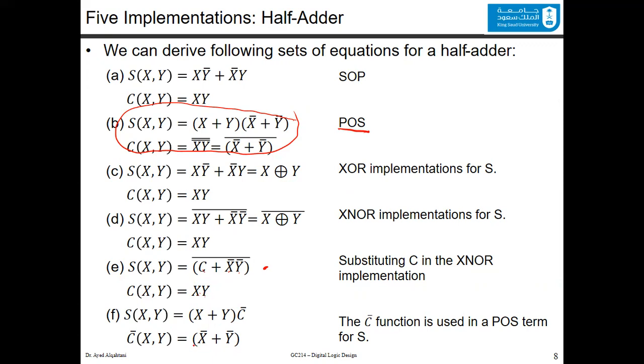We notice that this is the C bar, which appears in the sum bar, so we replace it by C bar. So you can see that we have those implementations.